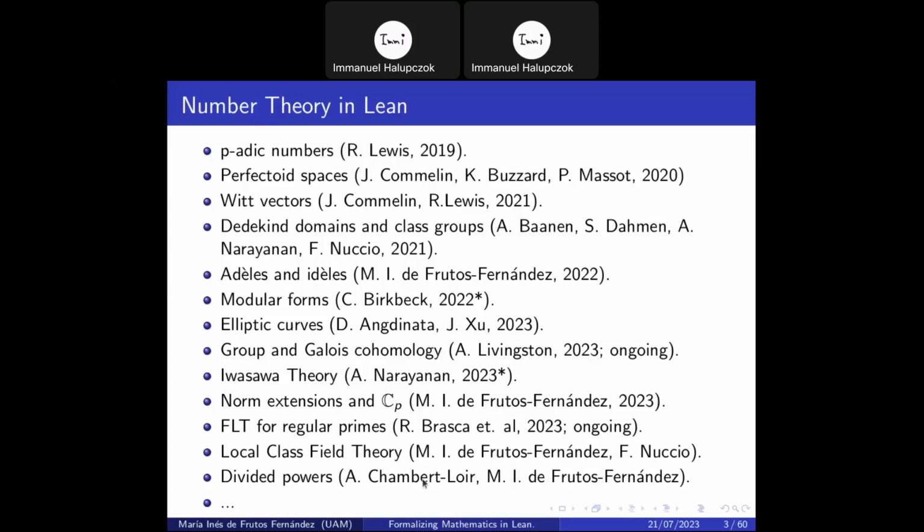And then with Antoine Chambert-Loir, I'm working on formalizing divided powers and the divided power envelope so that we can define the ring A_cris. So yeah, this is just so that you get an idea of where the state of the art is at the moment in Lean.